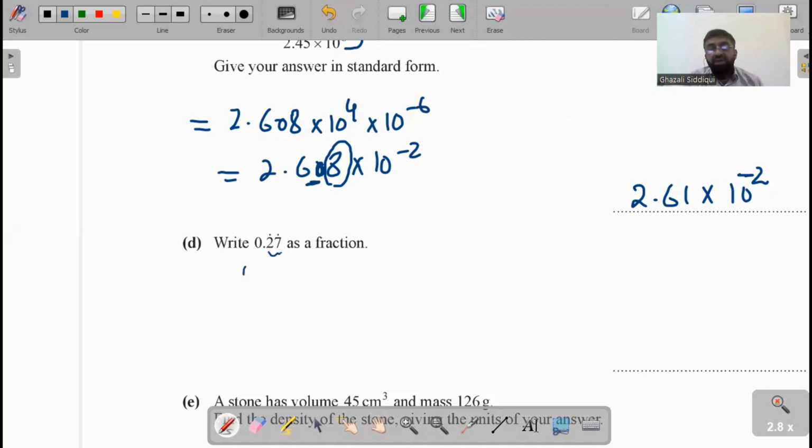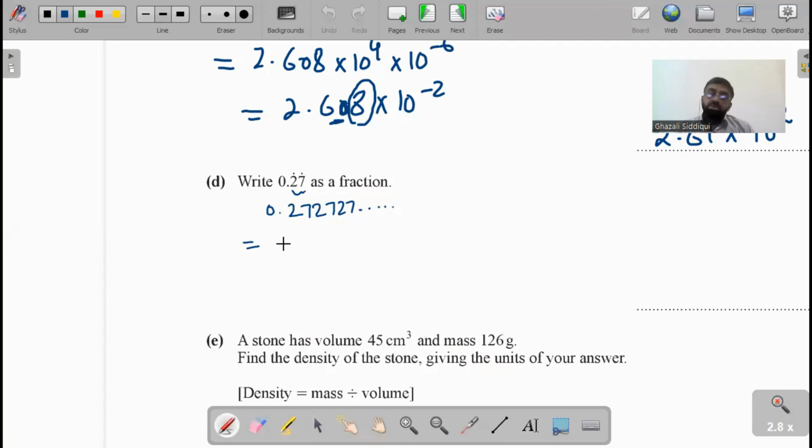Now we can write it as 0.272727, and this is a non-terminating decimal. Now we calculate it on the calculator. The answer will be 27 over 99.